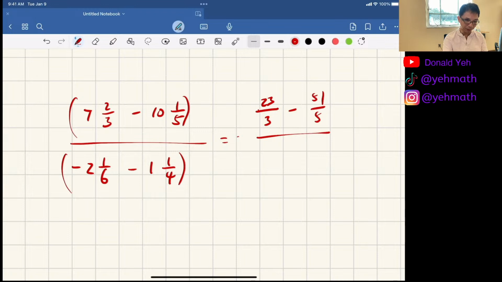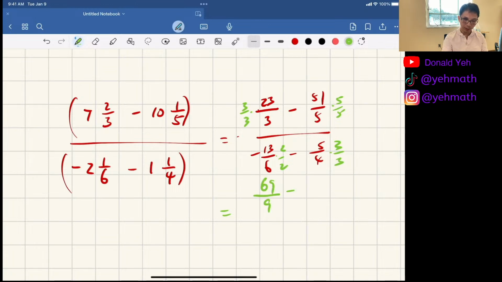I do not divide first. Multiply by 3 over 3, 5 over 5. This by 3 over 3, 2 over 2, because I only need to get to 12. I don't need to get too high. It doesn't mean getting to 24 is wrong, it's just bigger numbers.